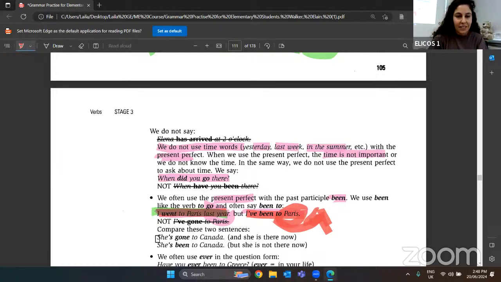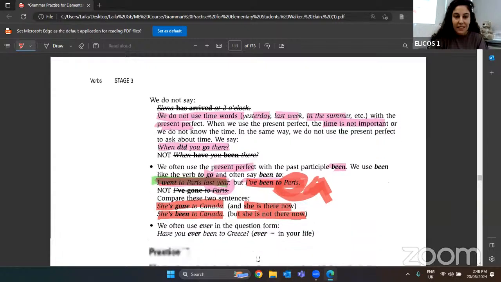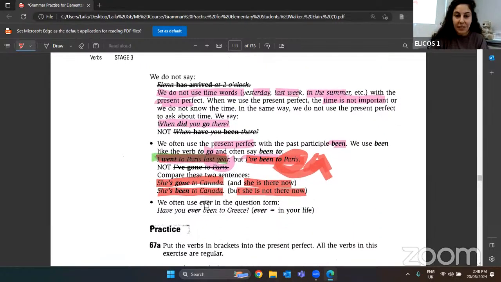So again, if you look at this, she's gone to Canada. That means she is there now. She's been to Canada. She is not there now. Because if she's there now, she would say, she is in Canada at the moment, right? So we use ever as well in the question when we're asking about experiences.